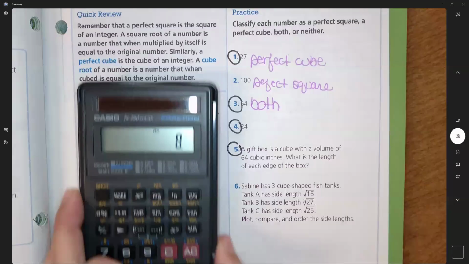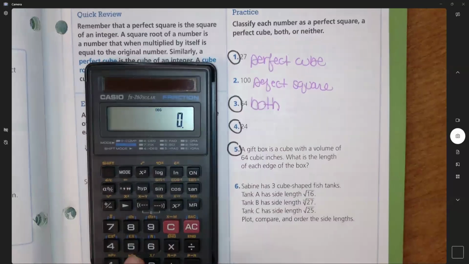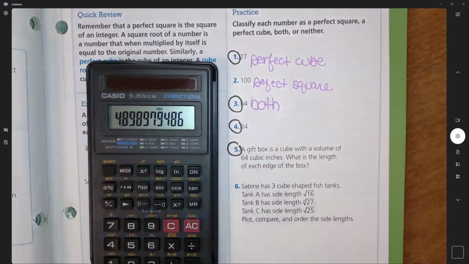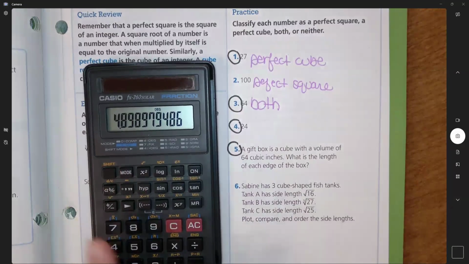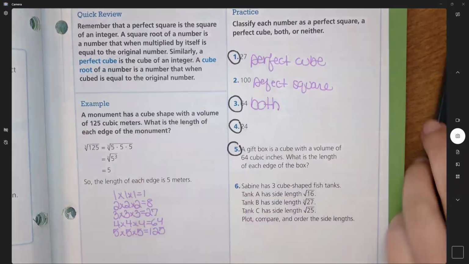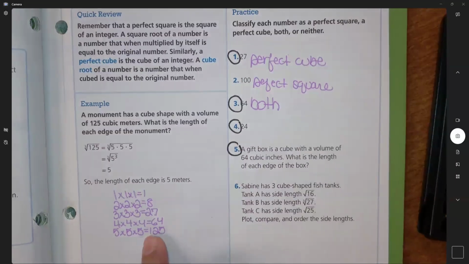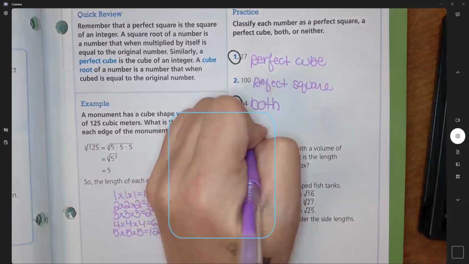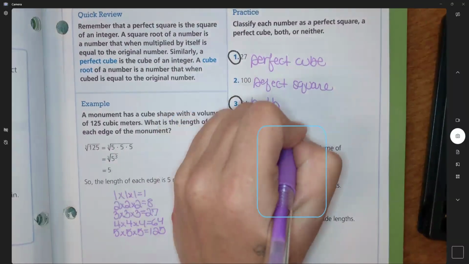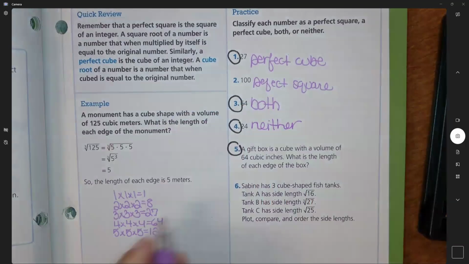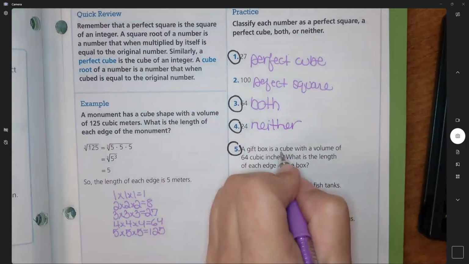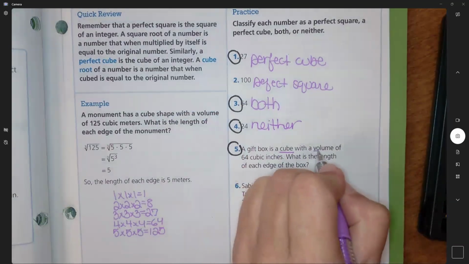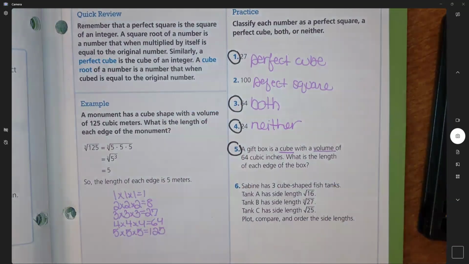We should know that it is not a perfect square, but we'll do it anyways. Ew, gross, no. Is it on our chart? Also no. Neither.